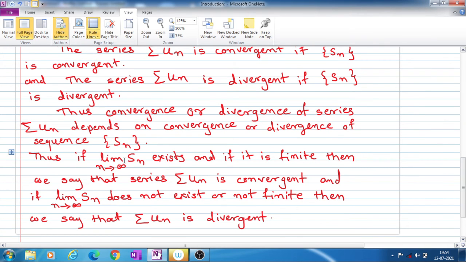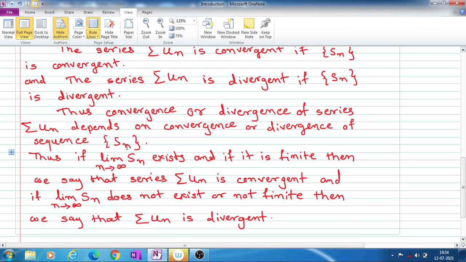Convergence or divergence of sequence Sn means, we know that a sequence is called convergent if its nth term has a limit. Therefore, if the limit of Sn as n tends to infinity exists and is finite, then we say that the sequence Sn is convergent, and therefore the series un is also convergent.